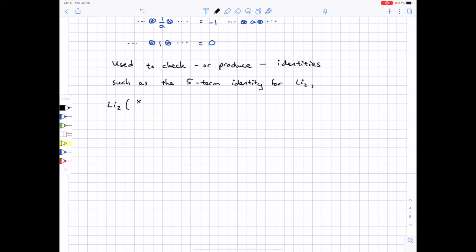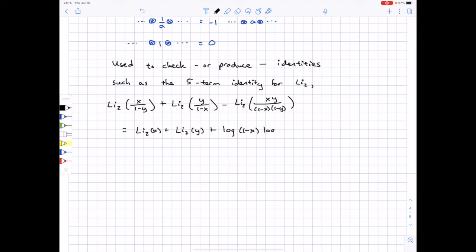So Li2 of x over 1 minus y plus Li2 of y over 1 minus x minus Li2 of xy over 1 minus x, 1 minus y equals Li2 of x plus Li2 of y plus log 1 minus x log 1 minus y.